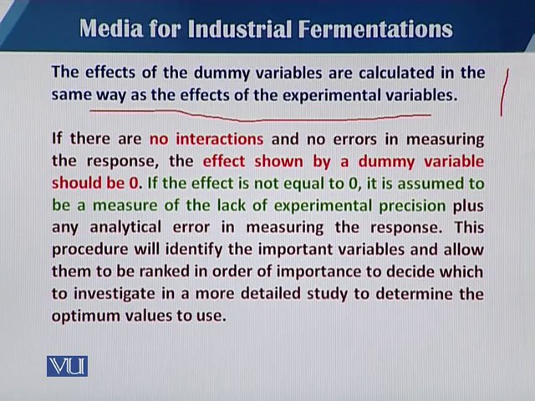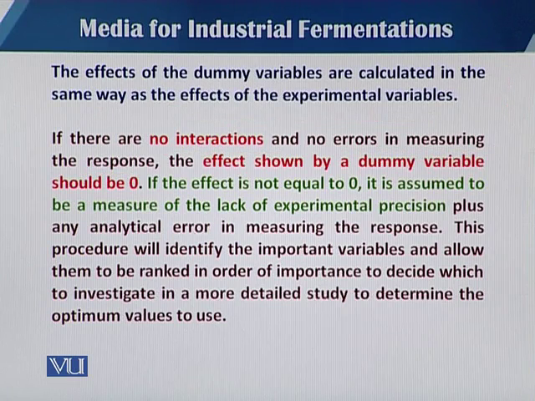If there is no interaction and no error in measuring the response, the effect shown by the dummy variables should always be 0. We have assumed 2 dummy variables, that's why their effect should be 0. So in such a case, we should calculate the effect of those dummy variables' response.